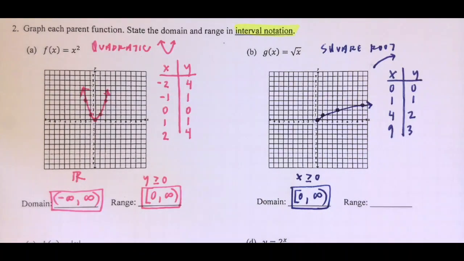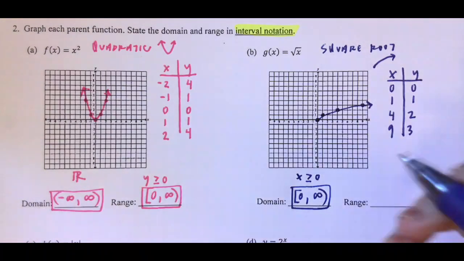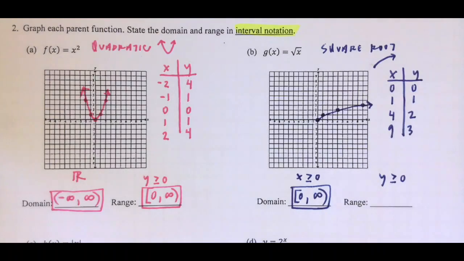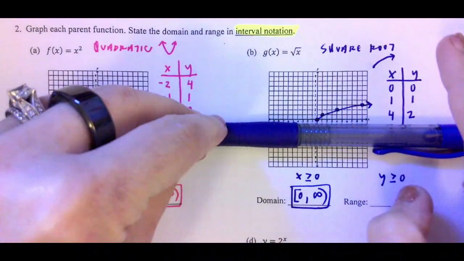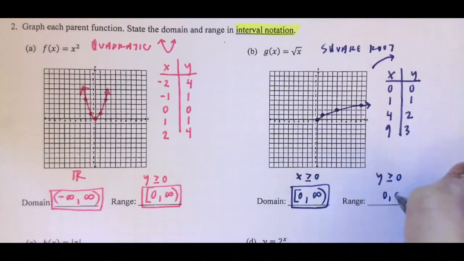Okay, for the range, again, we have no value for y that's below 0, so we know that the y has to be greater than or equal to 0. But if I put that in interval notation, right, again, our lowest value is 0, and then it keeps growing up, keeps getting bigger, so 0 to infinity again.